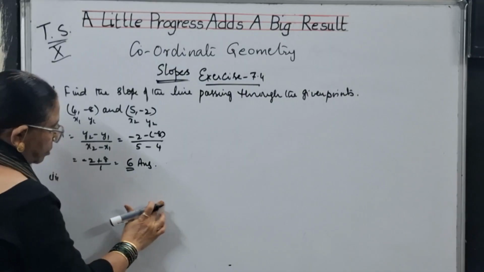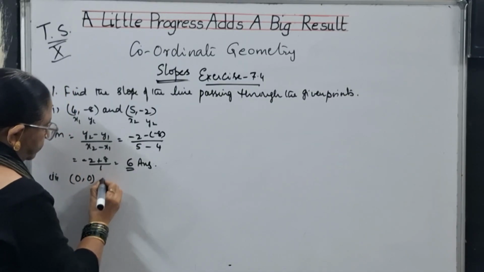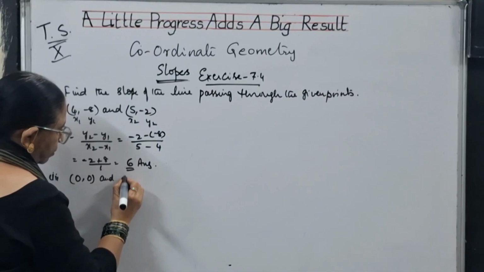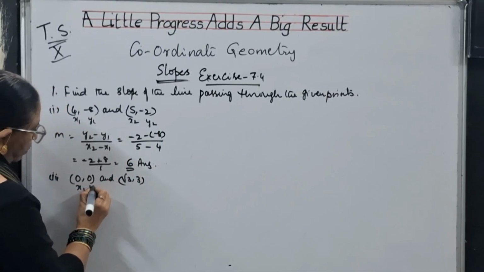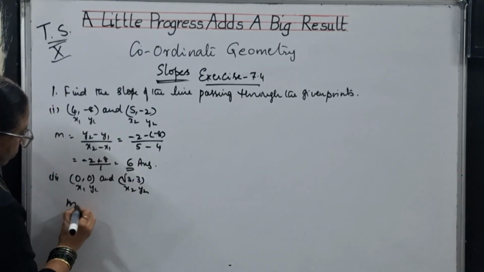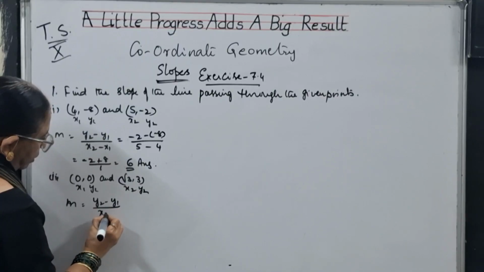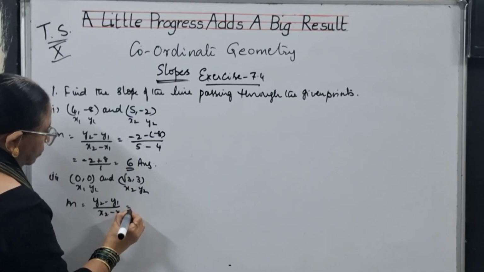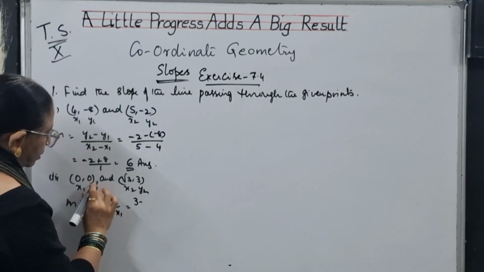And second bit, 0, 0 and root 3, 3. So x1, y1, x2, y2. Slope m is equal to y2 minus y1 by x2 minus x1. So y2 is 3 minus y1. This is x1, y1.